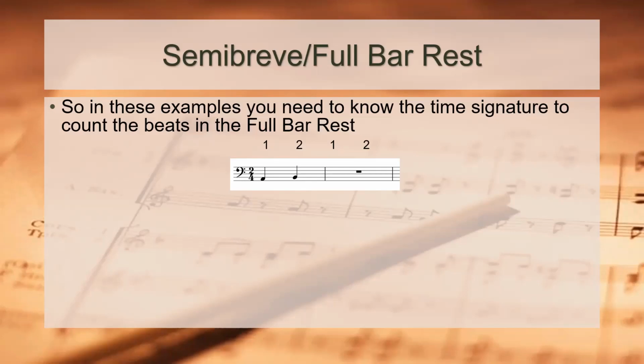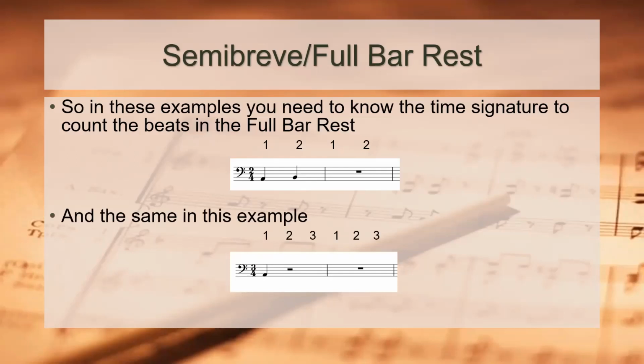We need 2 beats in that bar because we're in a 2/4 time signature, and there it is, the full bar rest hanging from the line above the middle line of the stave. So although we could indicate that 2 beats rest with a minim, convention states that we don't. We indicate that full bar of rest by putting the semi-breve rest into the bar, and as we've said, it hangs from the line above the middle line of the stave.